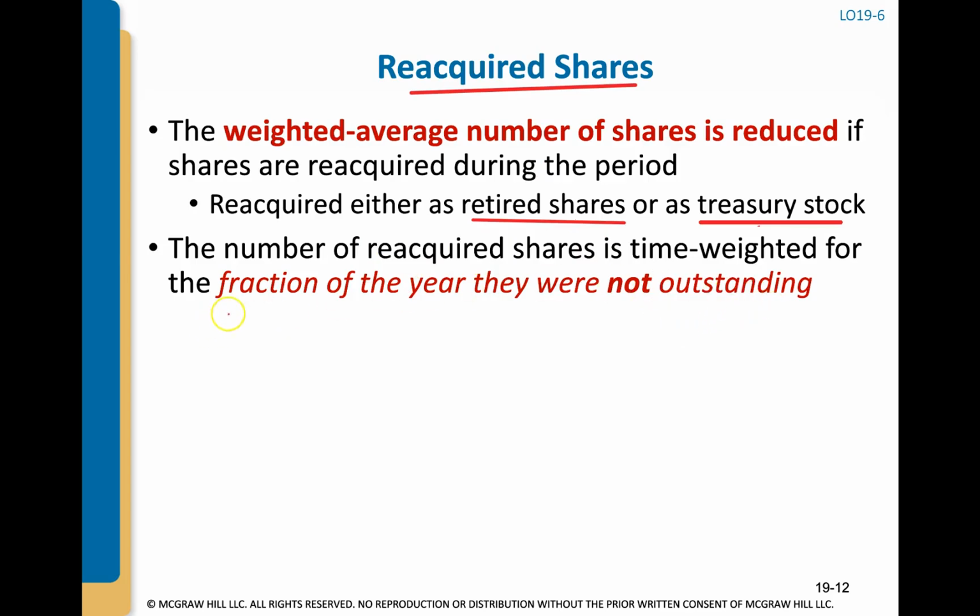And the EPS denominator is the weighted average number of common shares outstanding. So when we reacquire shares, we have to weigh it for the fraction of the year that they were not outstanding.